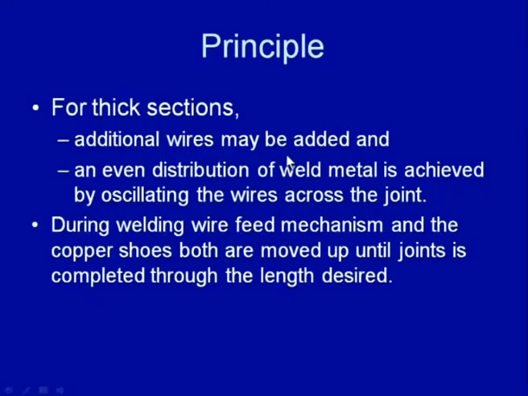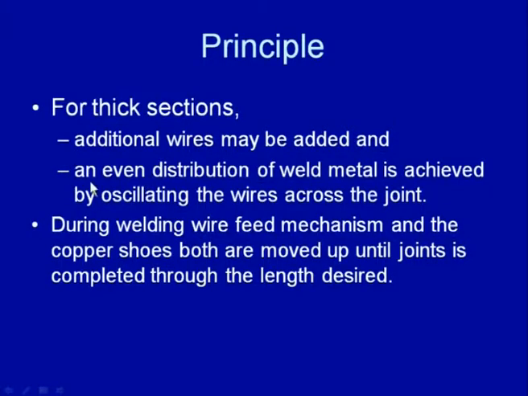So, for thick plates additional wires may be added. There may be 2 or 3 wires in one electroslag welding to fill the weld groove as early as possible, because this process can work with very thick sections up to 75 or 80 mm thickness.